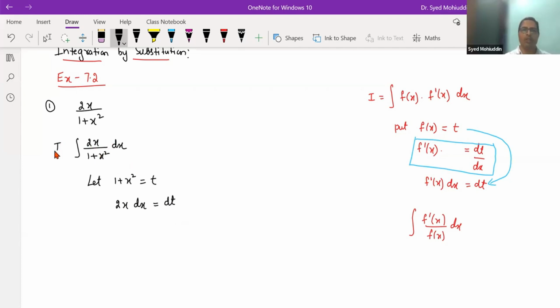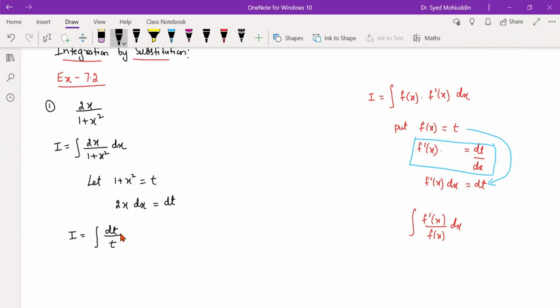Let me take the integral to be I. Therefore, the integral I will be equal to the integral of 2x dx, which can be replaced by dt, divided by the denominator 1 plus x square. So 1 plus x square can be replaced by t.